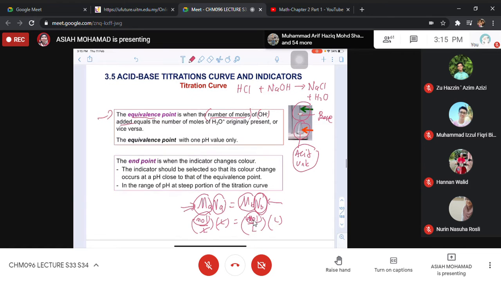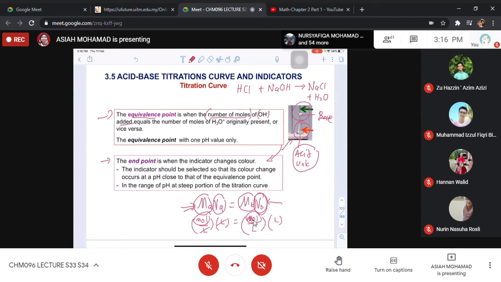And then we have another point in the reaction, which we call the end point. The end point is when the indicator changes color. So for any acid-base titration, of course we have to put the indicator in the flask. This is the function of the indicator, to determine the end point of the reaction.